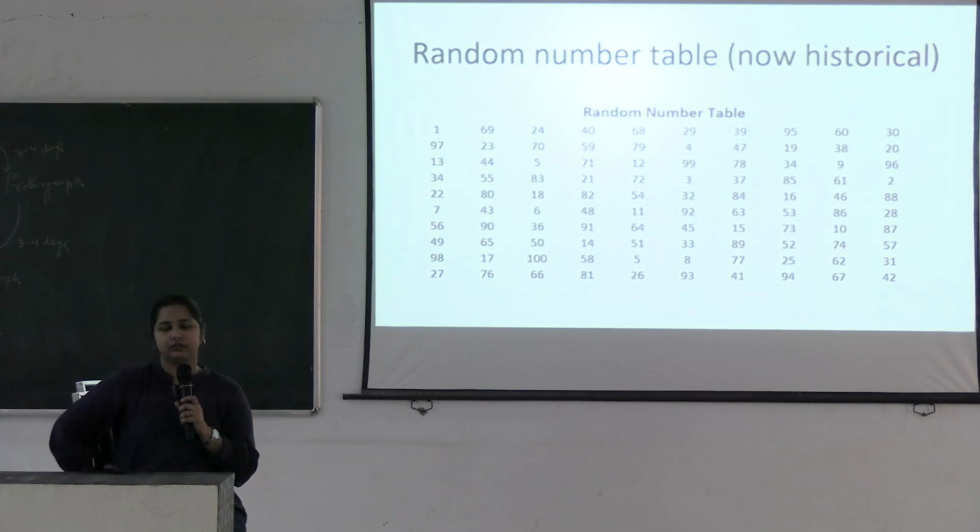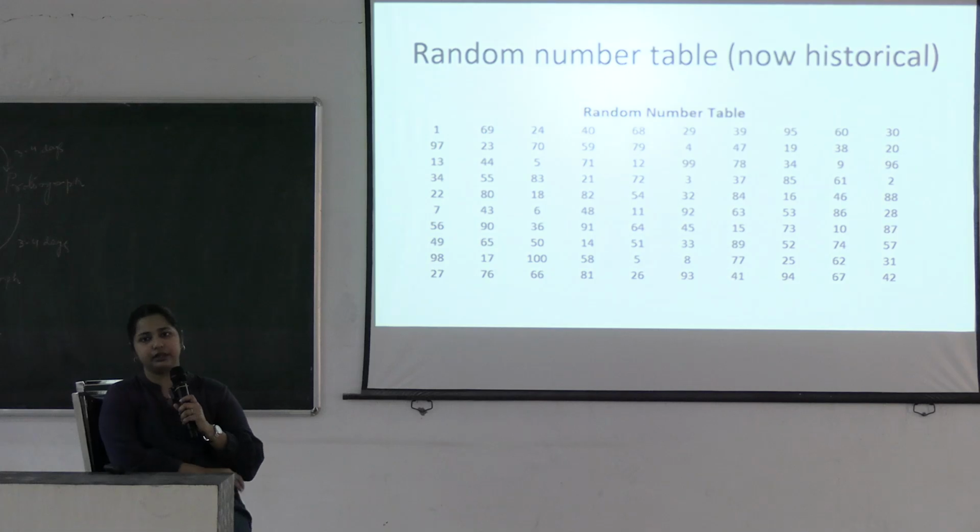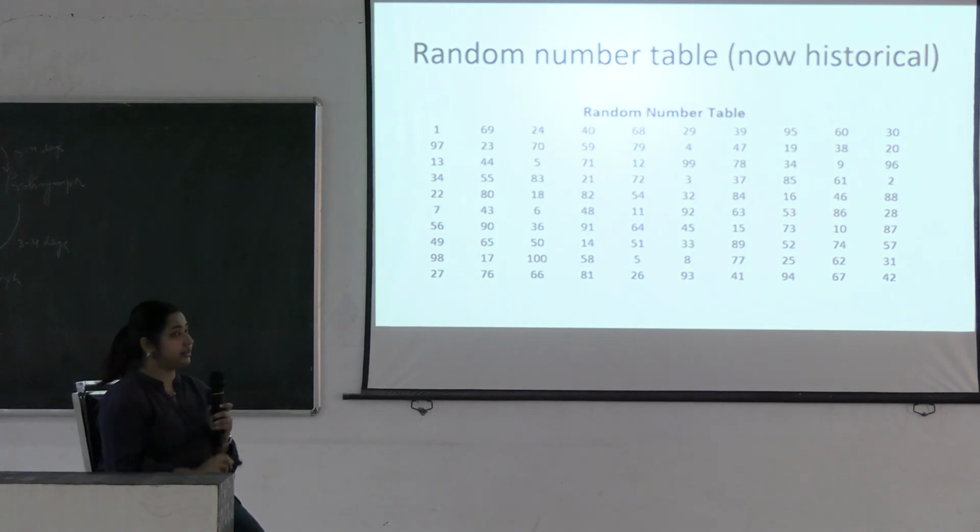Whatever group they get, that is the sealed opaque envelope technique, and they will go to that group only. In this way, the participants are divided into the two groups. That is the randomization. As you know, it is the heart of the trial, very important.